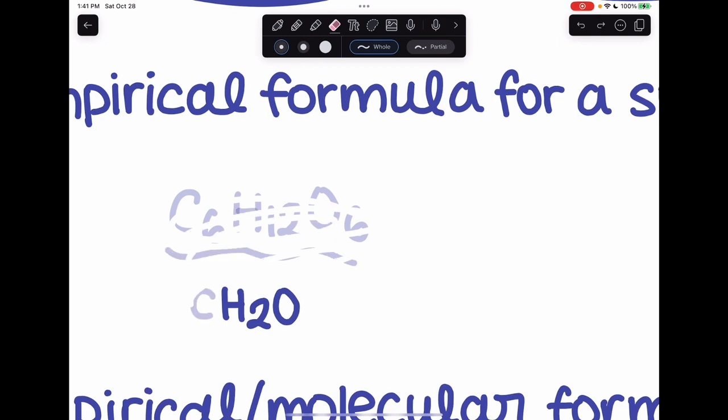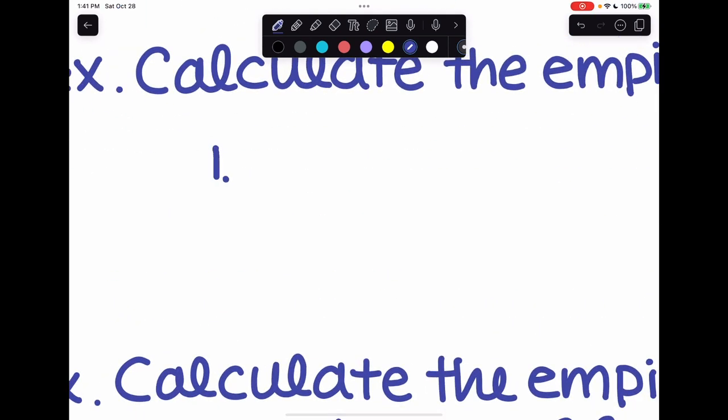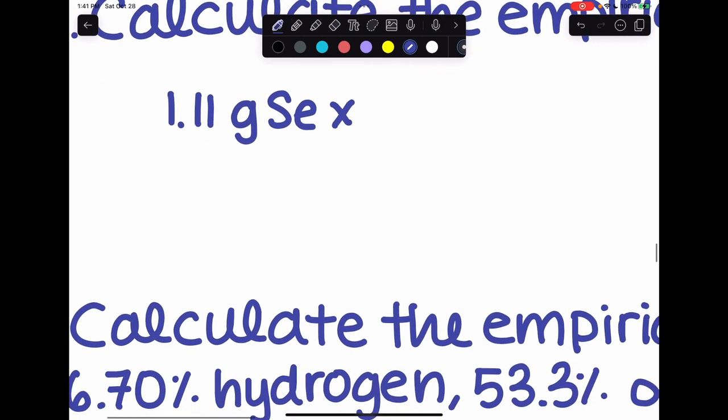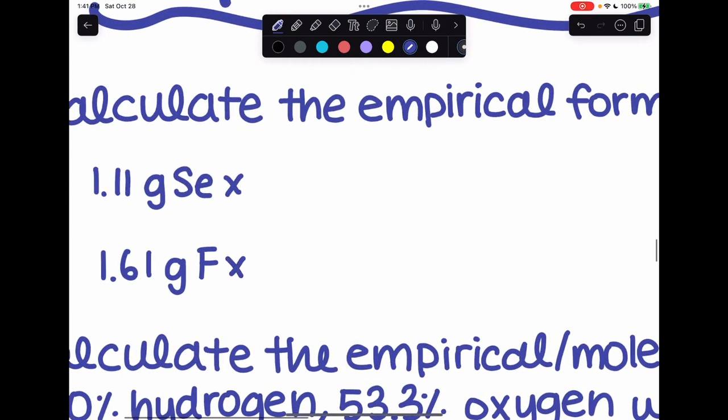It's all about ratios. So in calculations, you're always going to have to convert to moles, and then you divide the moles by each other to get the mole to mole ratio, and it'll make sense once you do it. As long as you think about it like that, it really comes easily, and you gotta practice, of course. So we're given these in grams. Like I just said, we're gonna have to convert to moles.